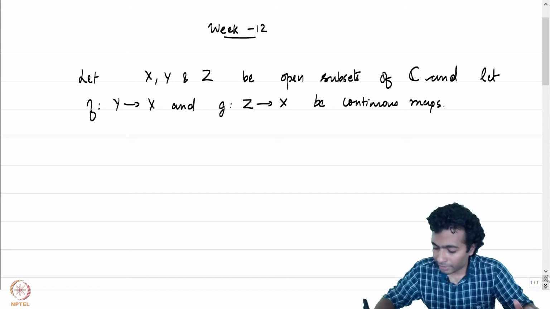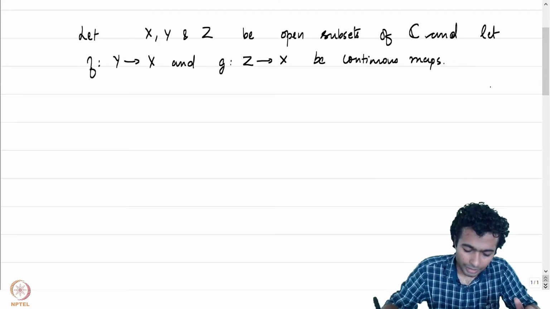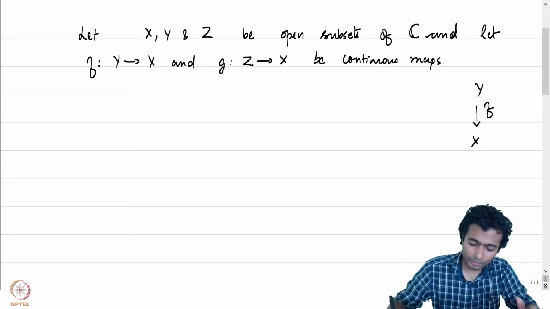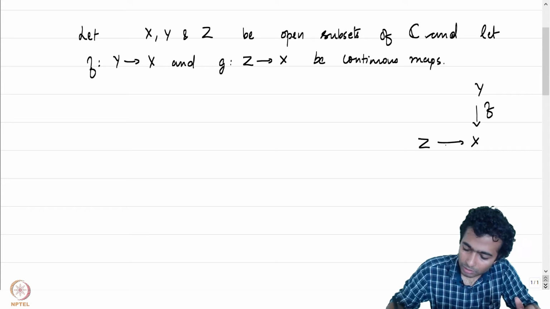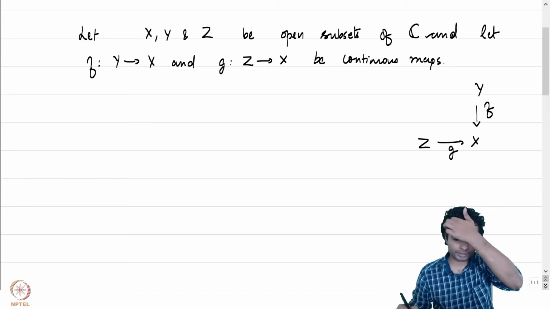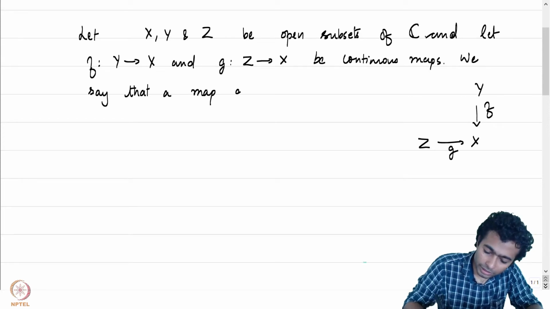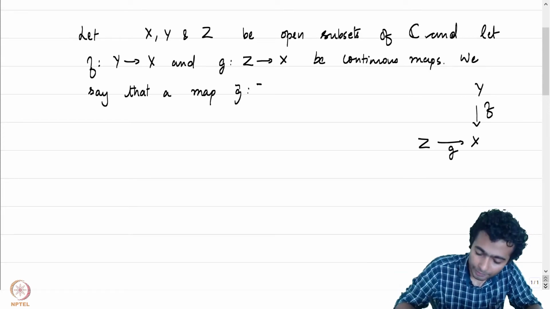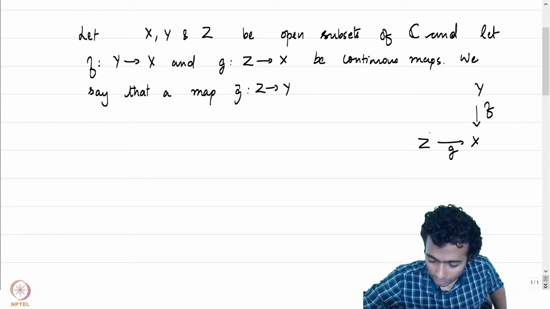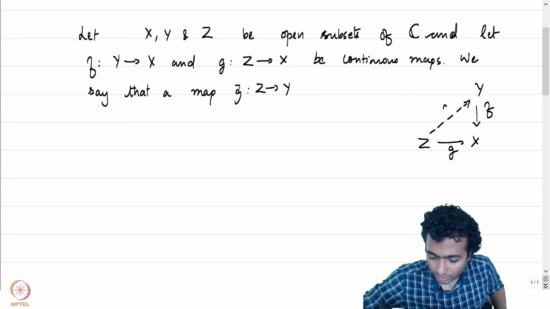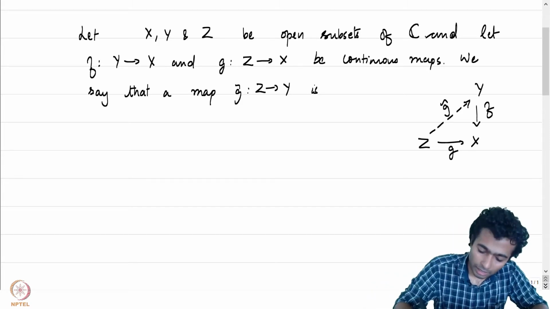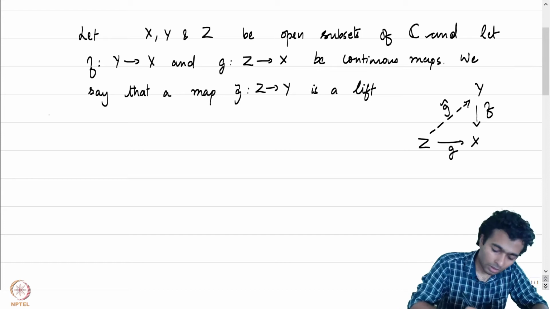If I have to capture it in an image, what we have is this following map f from Y to X, and we also have the map g from Z to X. We say that a map g tilde from Z to Y, let me just draw that as well, it's going to be in this direction here, g tilde is a lift of g with respect to f.